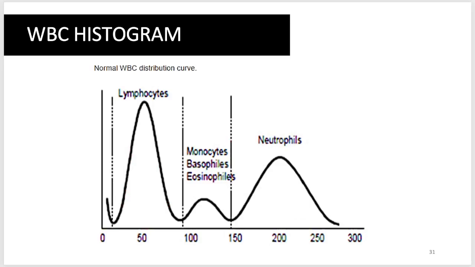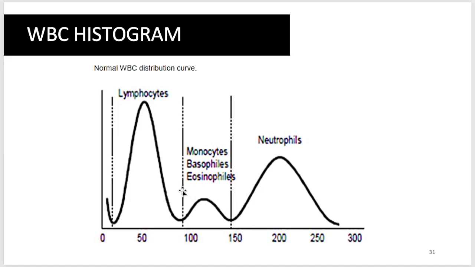So for example, again, cell volume 35 to 90. So tingnan natin, 35 to 90, this refers now to your lymphocytes. 90 to 160, that refers to your mid cells or between cells.